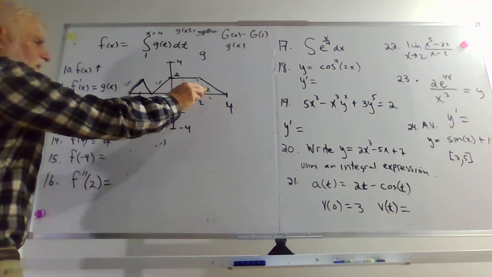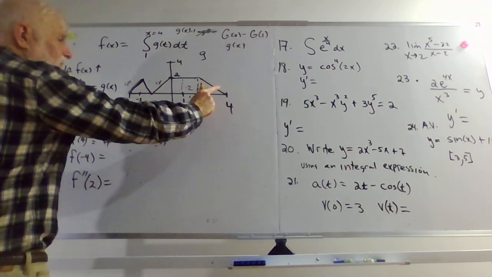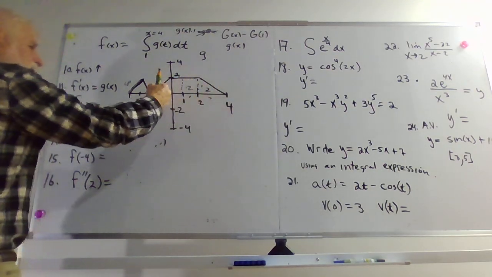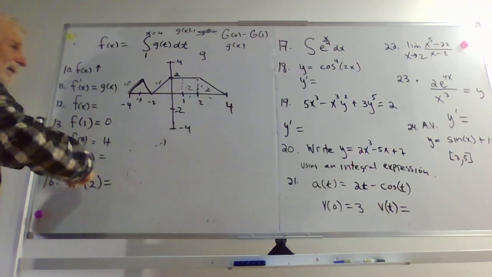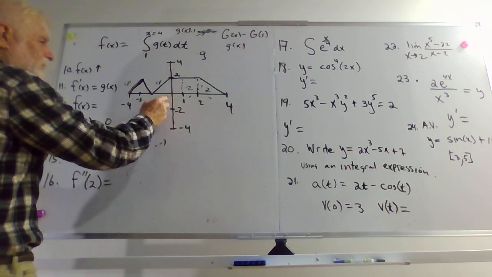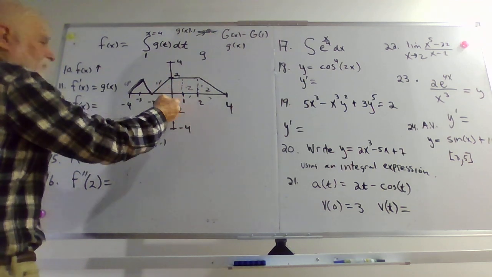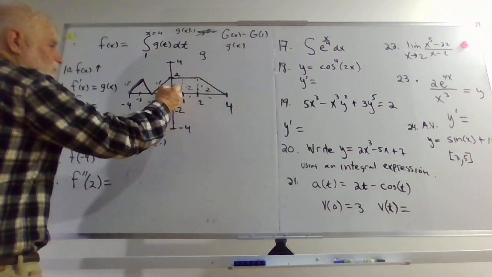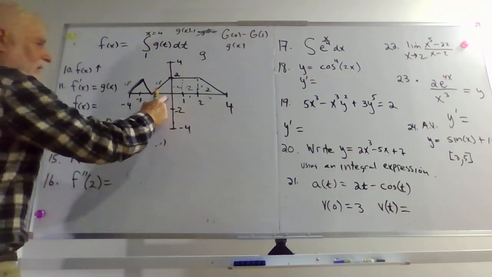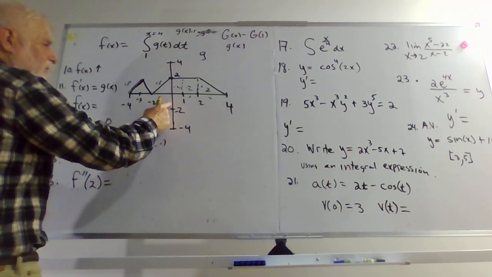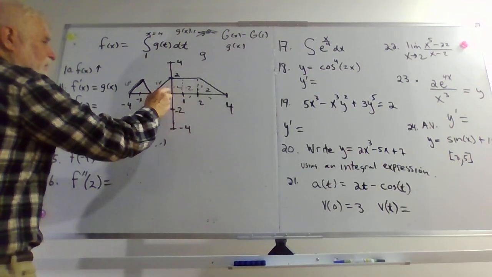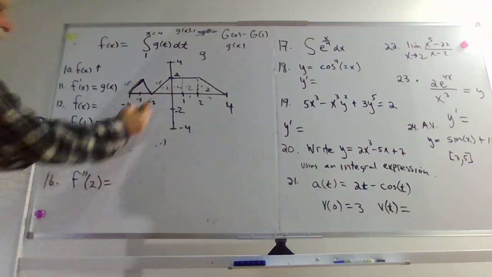4 units of accumulation. If I'm looking to the right and things are going up, then when I look to the left, they've got to be going down. So from -1 to 2 is 3 units of width, and I still have a height, a rectangle. 1 times 2 is 2, but in this case it's -2. And now I'm doing 2 units of width, height, so this is also -2. Oh yeah, I've got the symmetric picture.